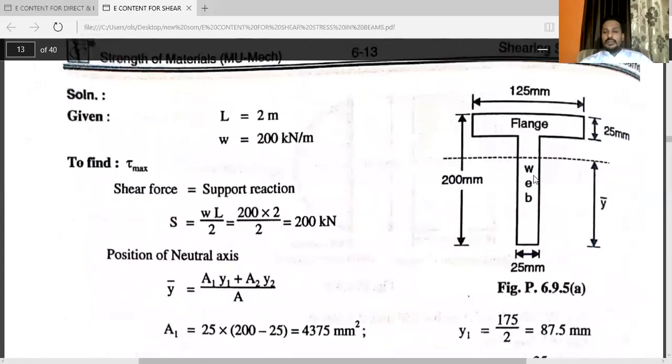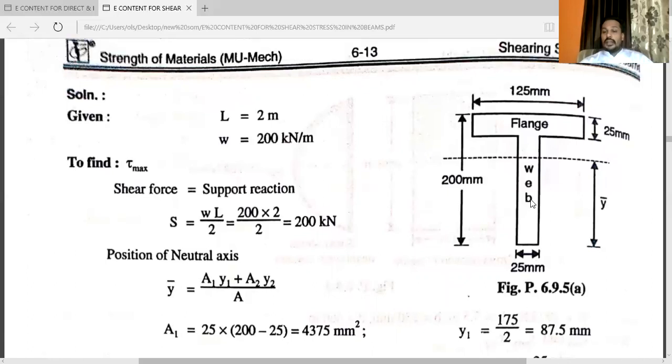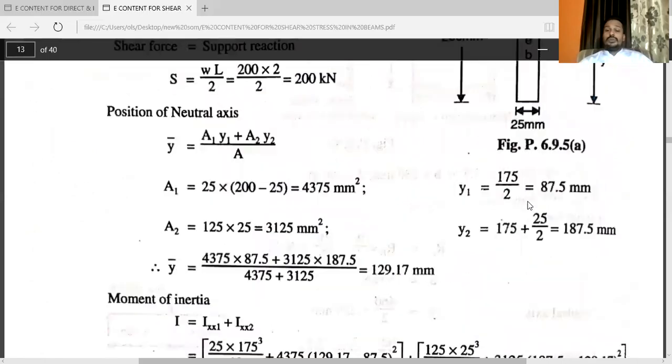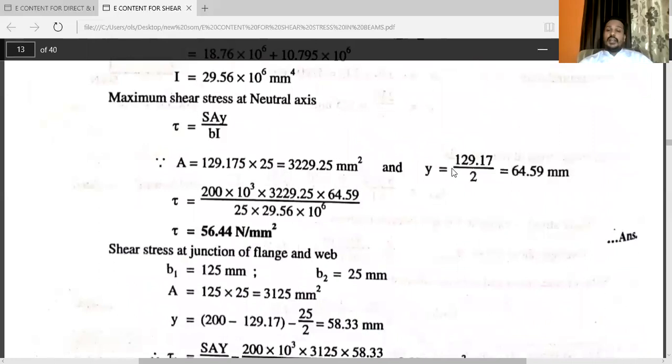So here, this one is the rectangle. First of all, you have to calculate the centroid point of that area. If you are taking this area, then you have to calculate centroid point of this area. But here we have taken this bottom area, so it's easy to find out the centroid. Centroid will be here, that is y bar by 2. So that y is 129.17 by 2, that is 64.59 mm.